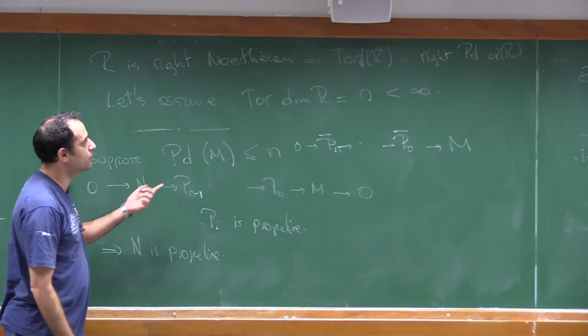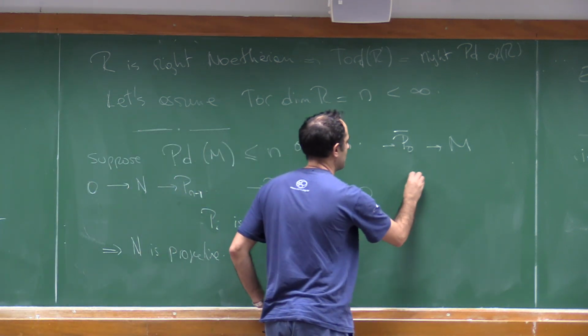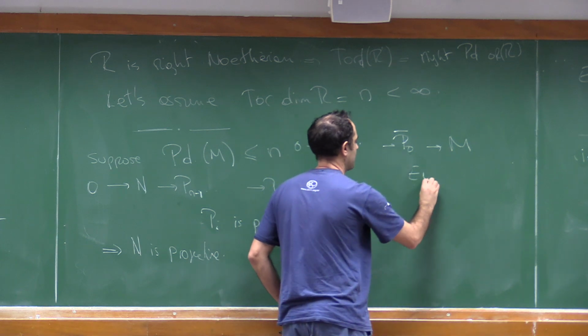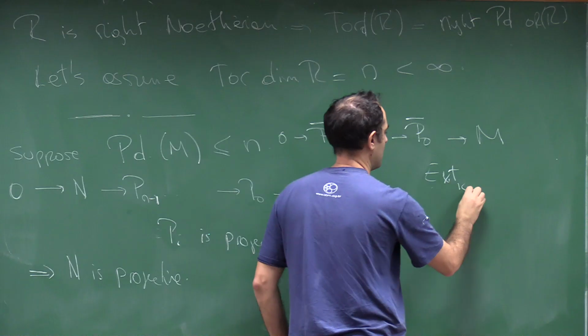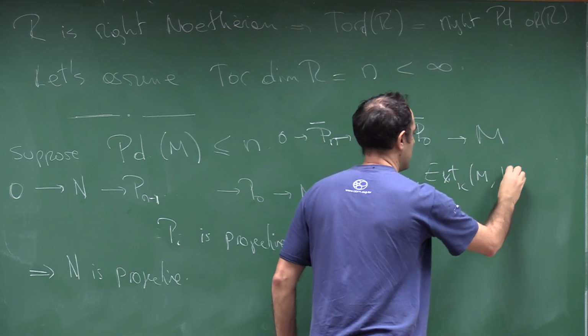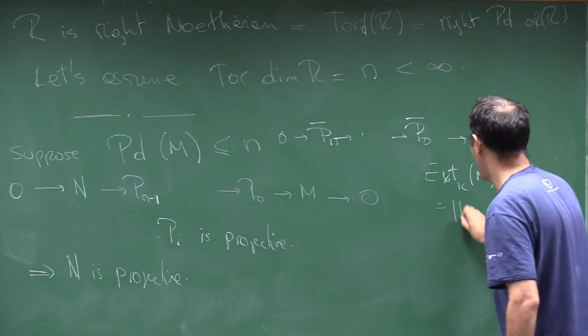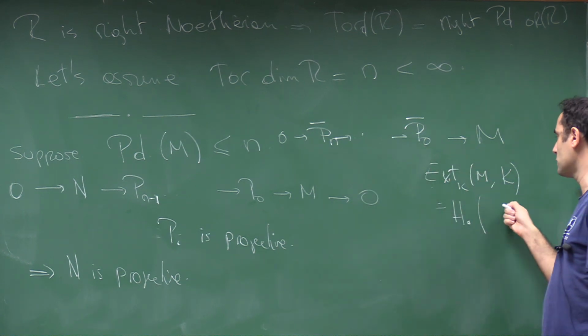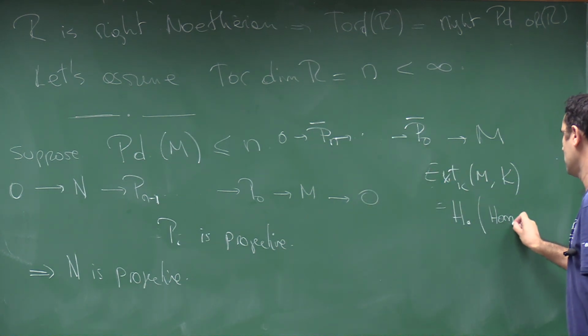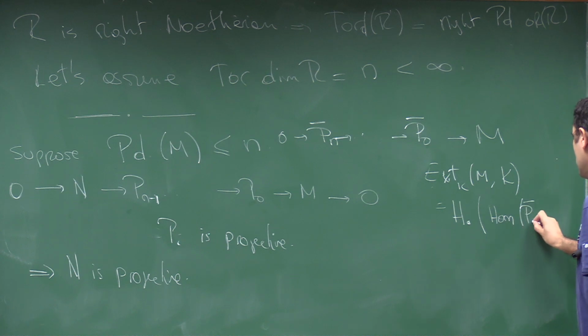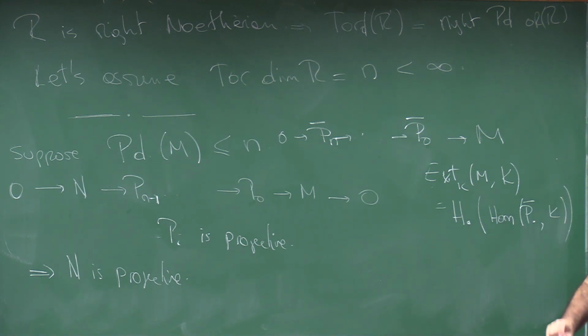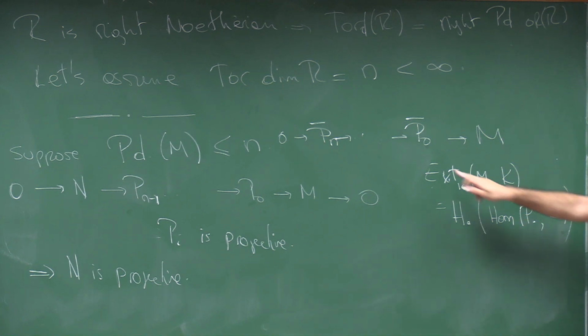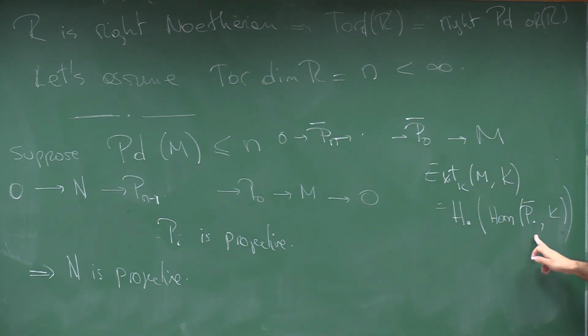And this Ext group that I needed there, Ext^i(M, K) into any module is given as the homology of the complex which is Hom from P into K. And now this complex here will not have homology in degree n plus 1 because simply this complex does not have n plus 1 elements.